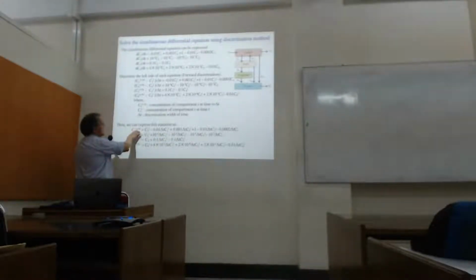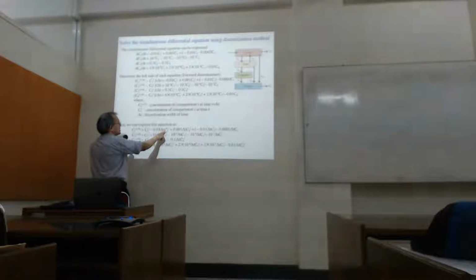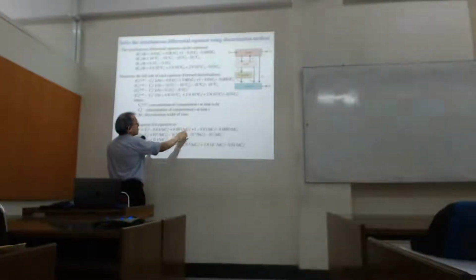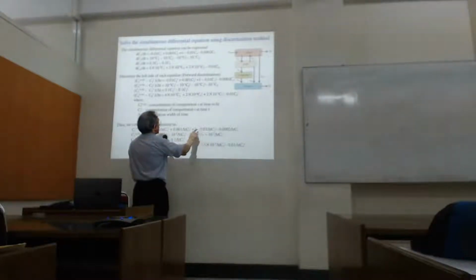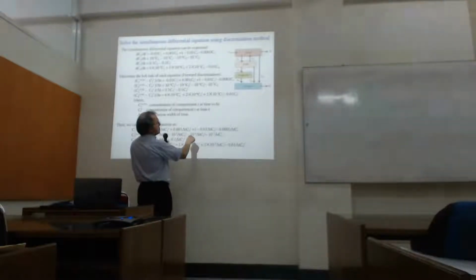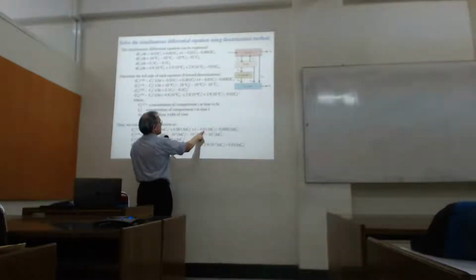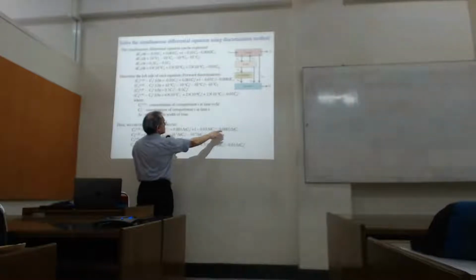So C1(t plus delta t) is C1(t) times 1 minus 0.01 delta t, plus C2(t) times 0.01 delta t. And there will also be minus values here, about C1(t), minus 0.01 delta t and minus 0.02 delta t.